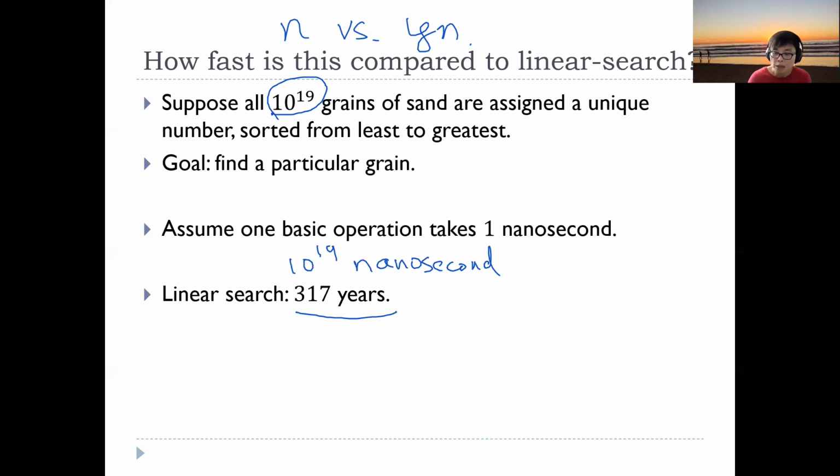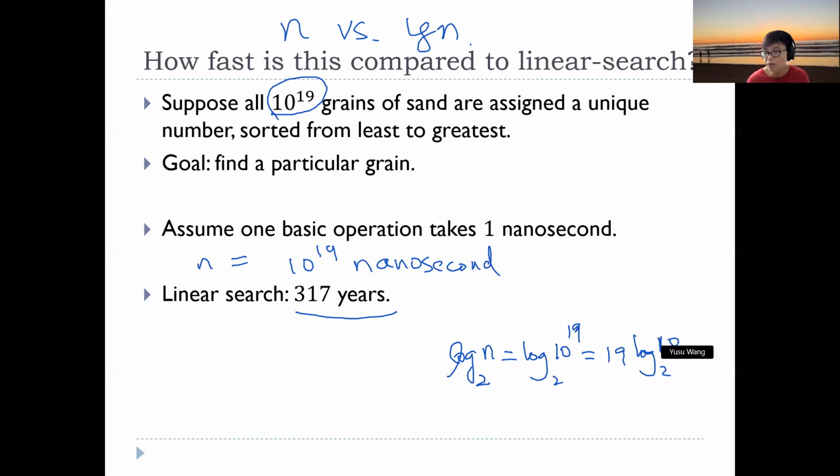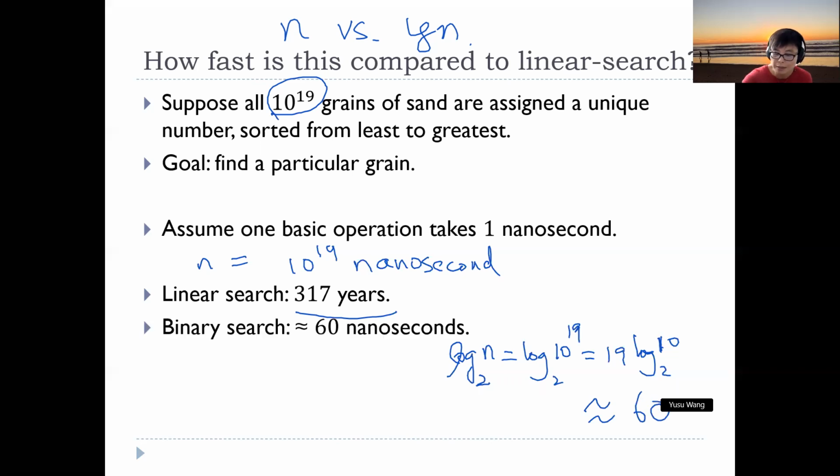Now what is the logarithm? So this is linear. What is log n? Let's say that we use log base 2. This is log 2 of 10 to the 19, which is 19 times log 2 of 10. Now, log 2 of 10 is roughly 3, so this gives us only about 60 nanoseconds.